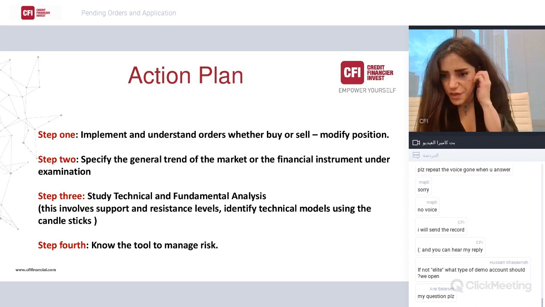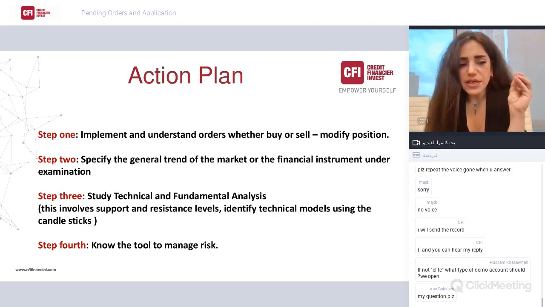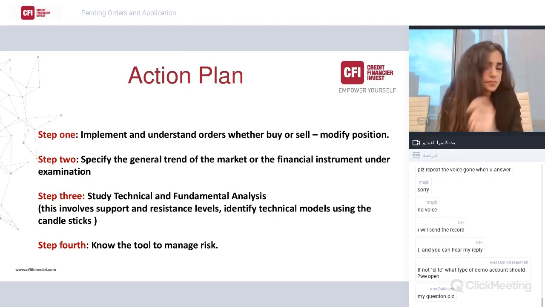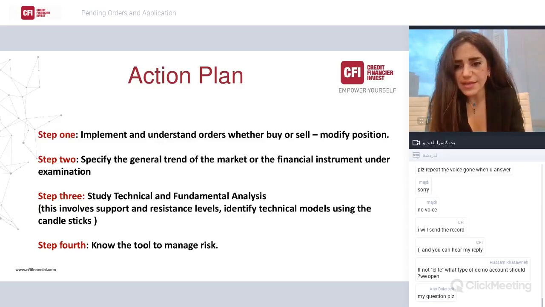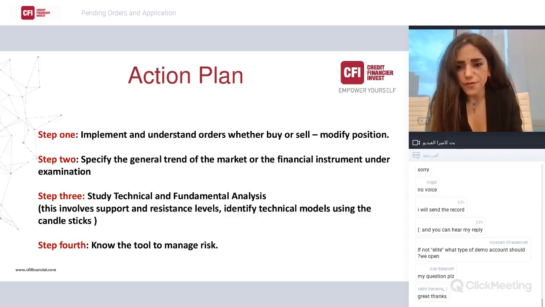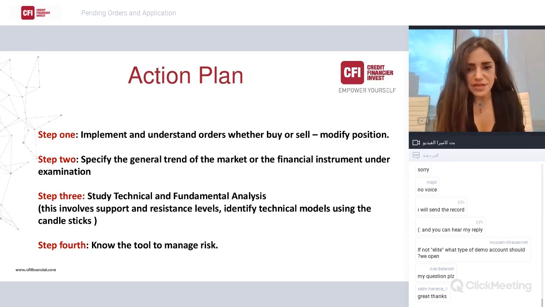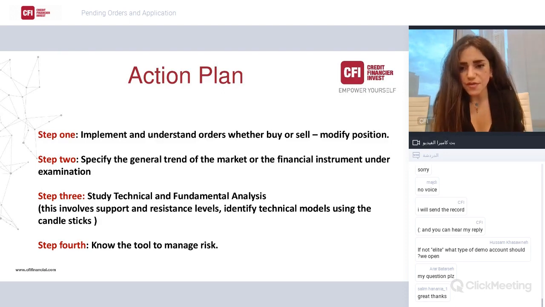Arar, you just asked me one thing. Yeah, there is a basic report that you receive on your email twice a day, okay? European market open, US market open. If you do not receive it and you have a real account, please talk to your account manager or message me on the group and I will check who your account manager is to make sure that you receive it. If you are only working on a demo account, it's okay.